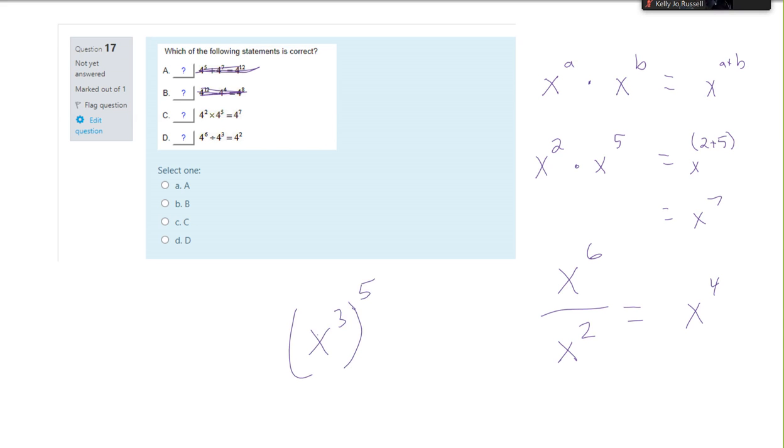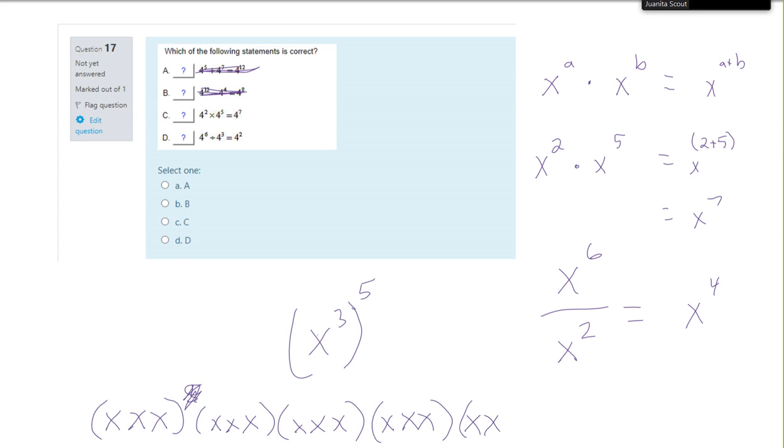When you raise something to a power, it means you're multiplying it by itself that many times. x cubed means x times x times x, and this stuff to the power 5 means this stuff times itself 5 times. When we multiply that all out and count them, we get x to the 15.